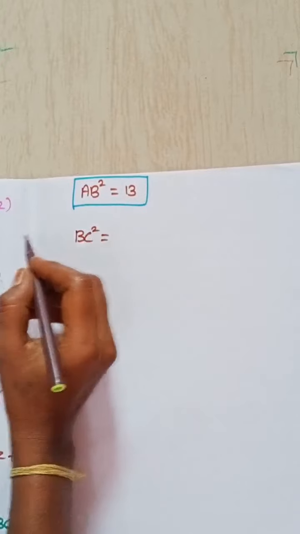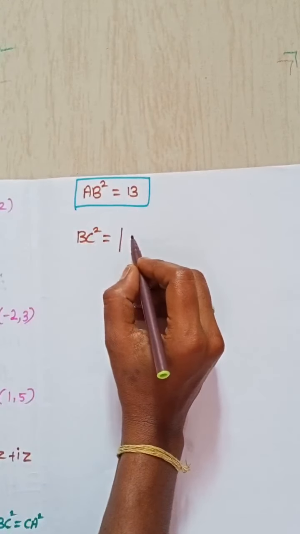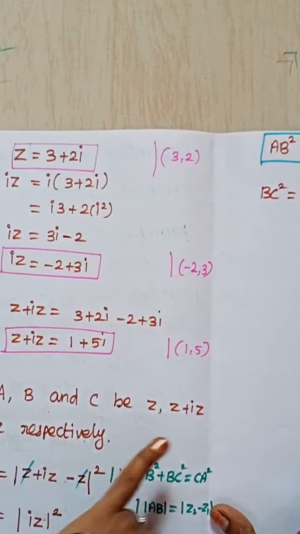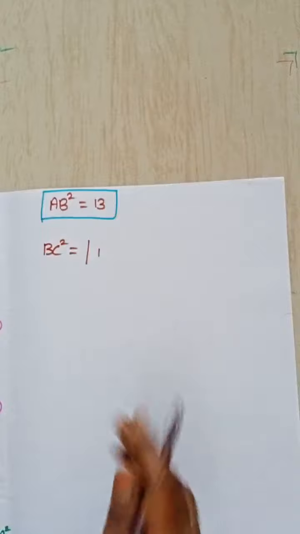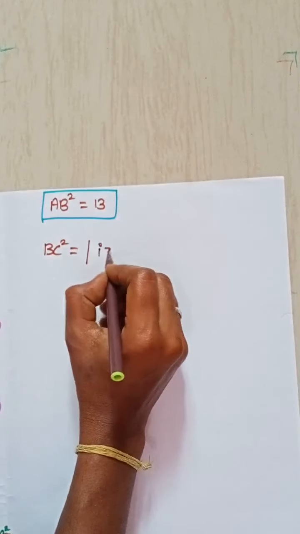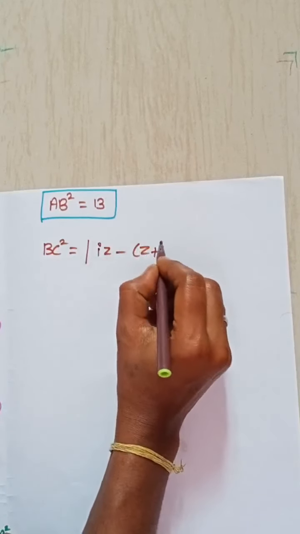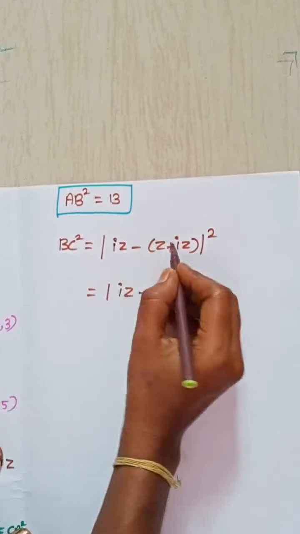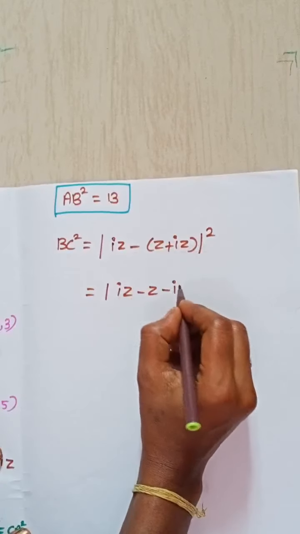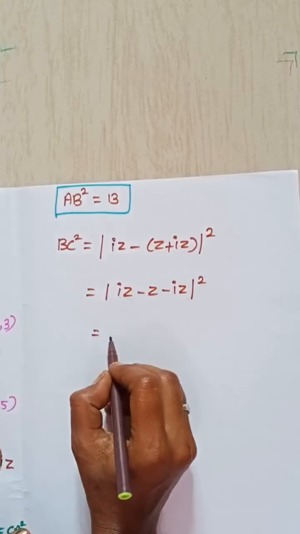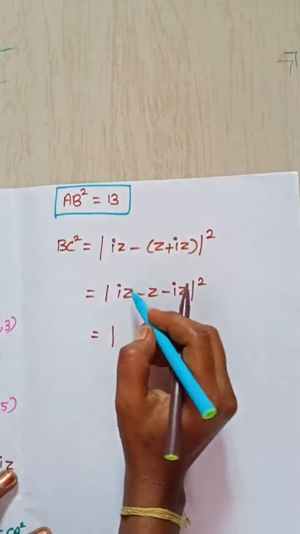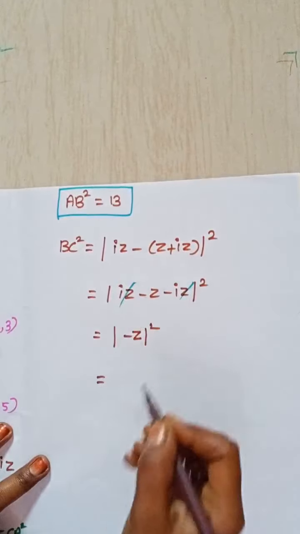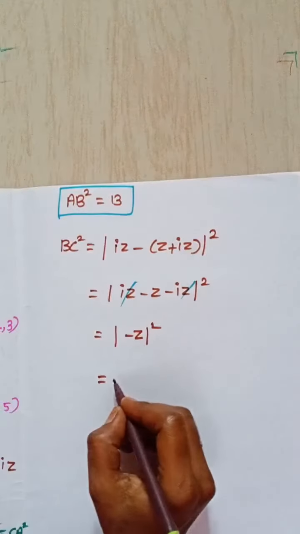BC square is equal to modulus of C minus B, where C is iz and B is z plus iz. So modulus of iz minus z minus iz, the whole square, which is equal to modulus of minus z the whole square, since iz minus iz get cancelled.